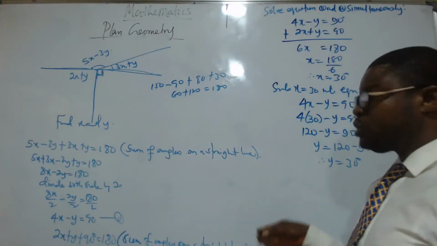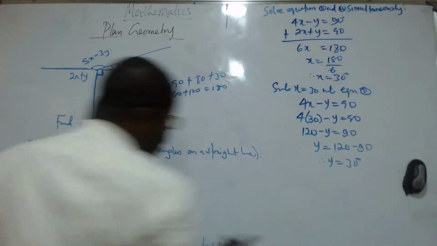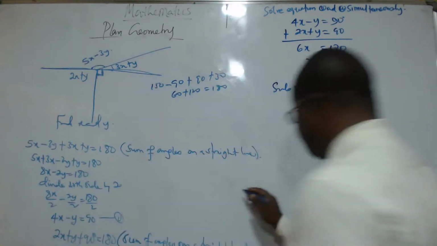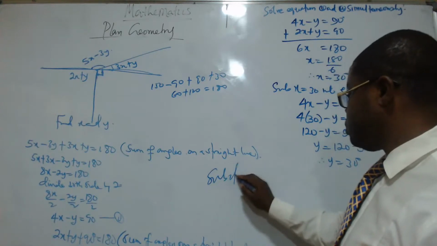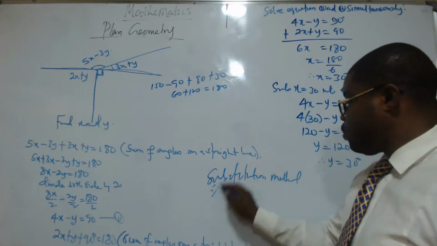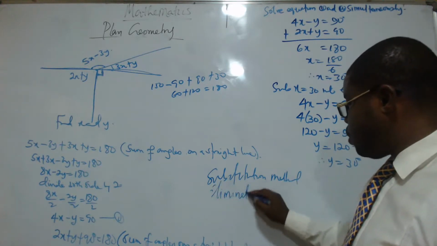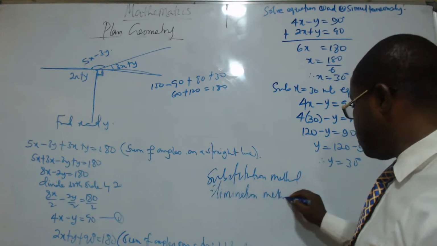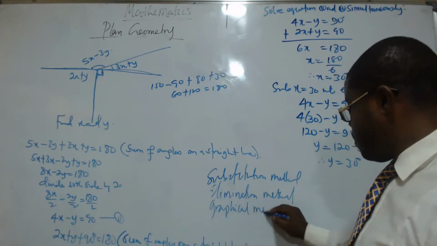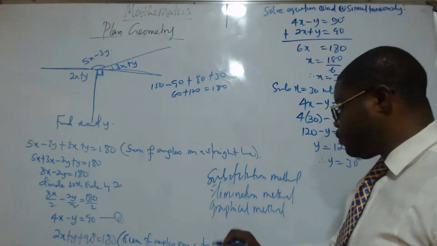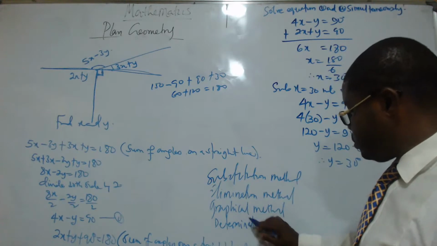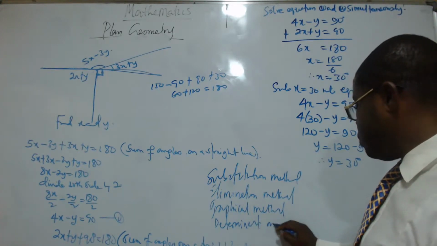They have to solve this simultaneous equation. Mind you, we said in simultaneous equations, we have four ways that can be done. We have the substitution method. We have the elimination method. We have the graphical method. We have the determinants method.